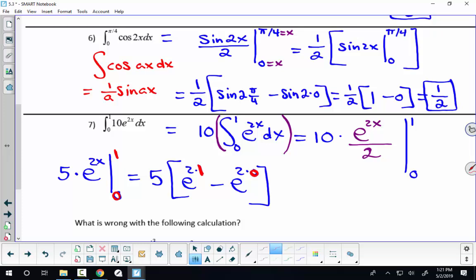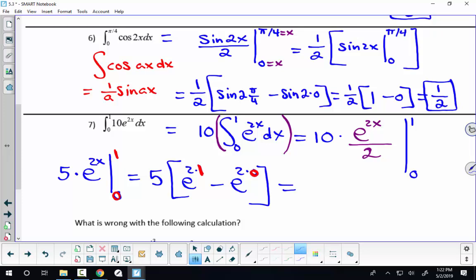So I hope at this point the fundamental theorem of calculus seems pretty standard to work with. You just might have to revisit antiderivatives. But at least I hope that first part we can do.